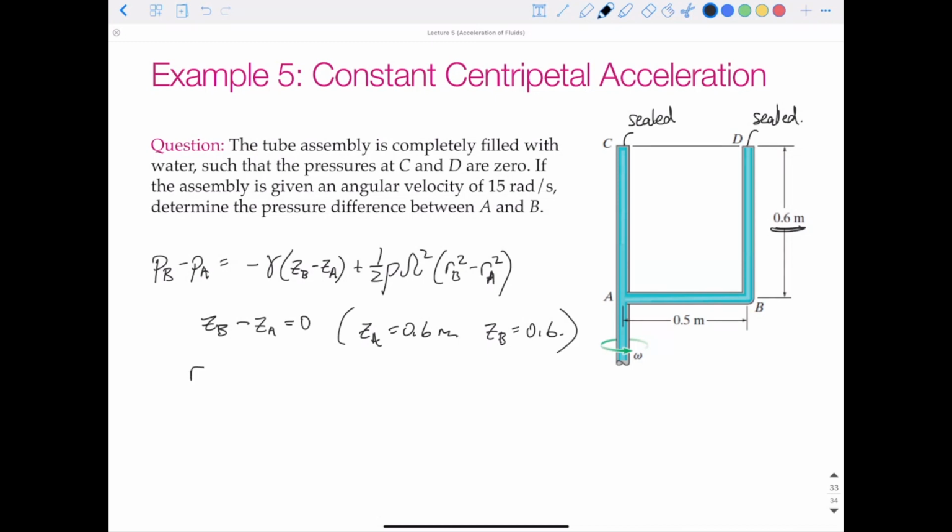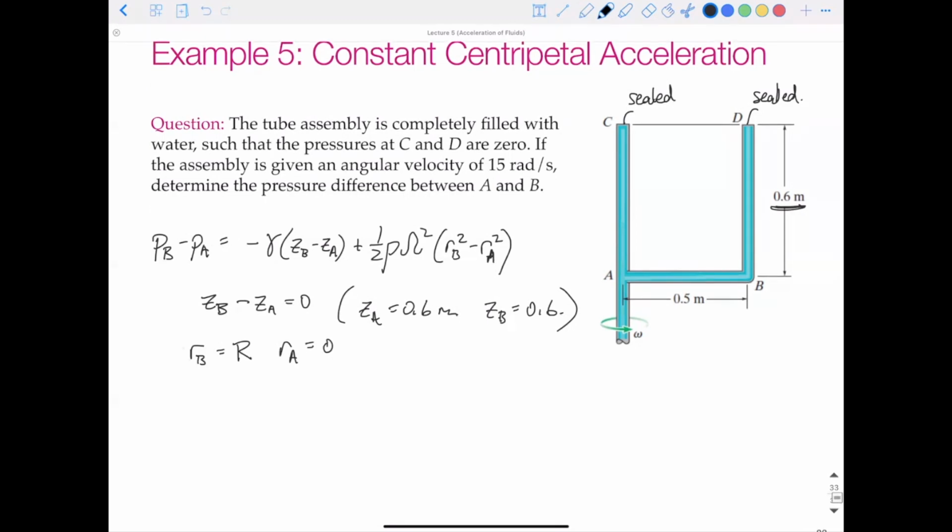And then what about RB? That's just equal to R, capital R. And RA is right at the Z-axis. It's where the rotation is happening, so that's 0. So then we can simplify that equation. PB minus PA is equal to, first term goes away, so all we have left is 1/2 rho omega squared R squared.